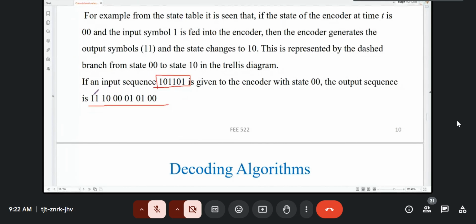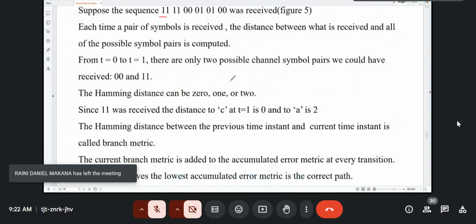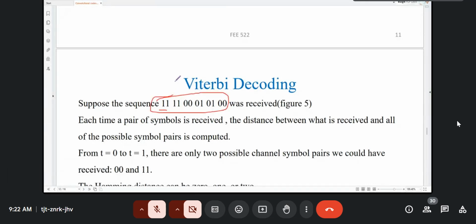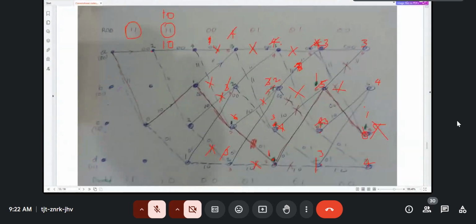All we are saying is this does not seem to fit onto the correct path. The correct path should be this one. That is what fits on the path, not what we received.